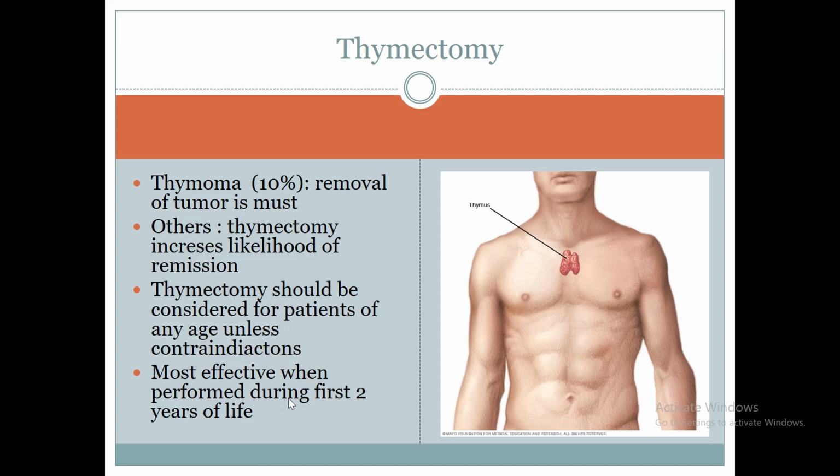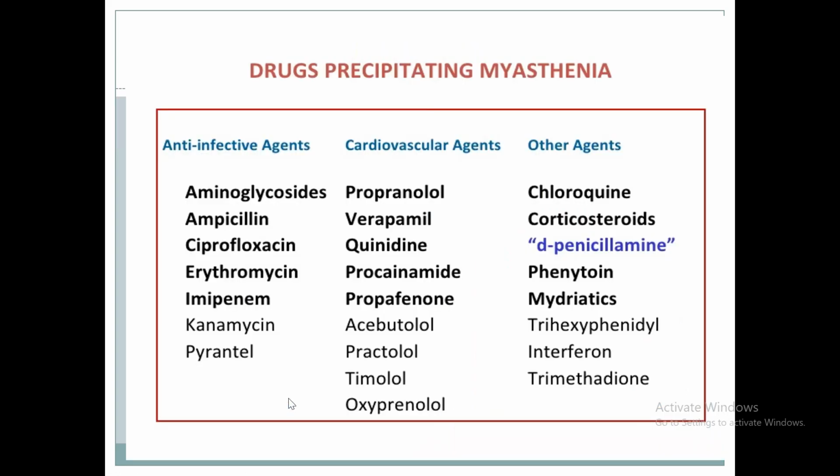Then the differential diagnosis with ocular myasthenia with only eye movement problems is progressive external ophthalmoplegia, which is a type of mitochondrial myopathy, thyroid disease, hyperthyroidism, and oculopharyngeal muscular dystrophy, which is basically a muscular dystrophy like Becker's and Duchenne muscular dystrophy. This muscular dystrophy is limited to eye muscles. Bulbar myasthenia: sometimes myasthenia can be limited to bulbar muscles.